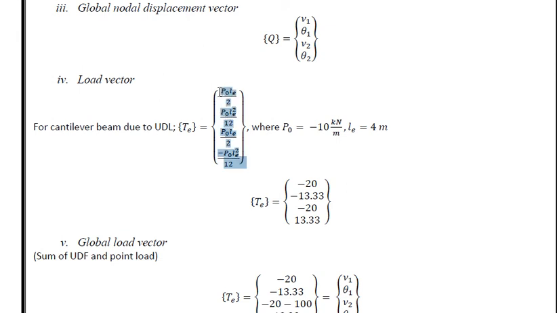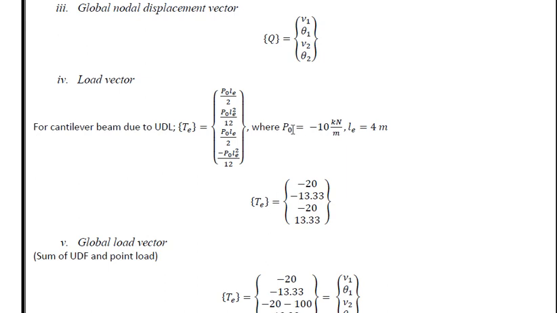This is the standard equation for UDL, where P0 is UDL, LA is length up to which UDL is applied, and T is the UDL load vector.